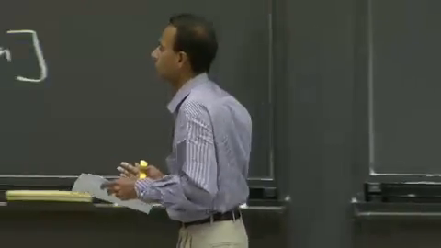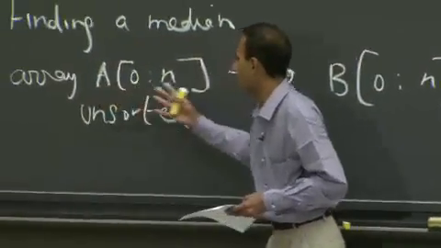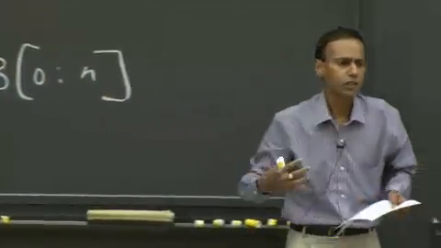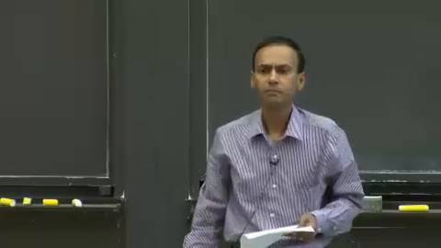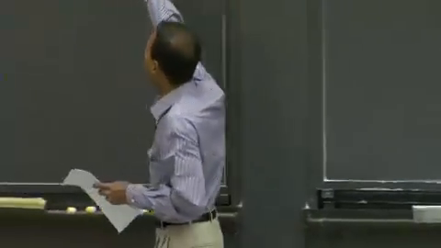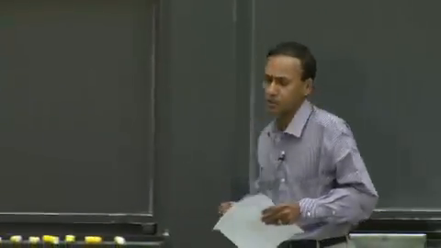Now, if you wanted to find the median of the set of numbers that were originally in the array A, what would you do once you have the sorted array B? Yep. Isn't there a more efficient algorithm for median? Oh, absolutely. But this is sort of a side effect of having a sorted list.